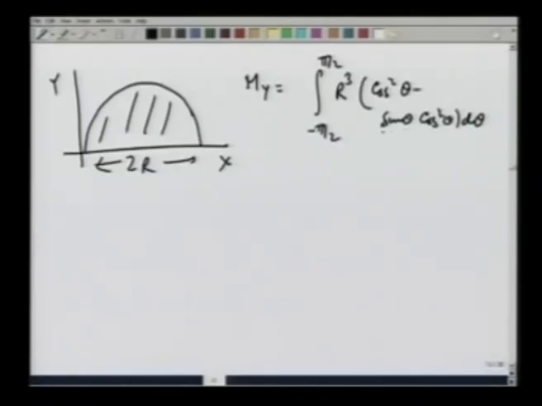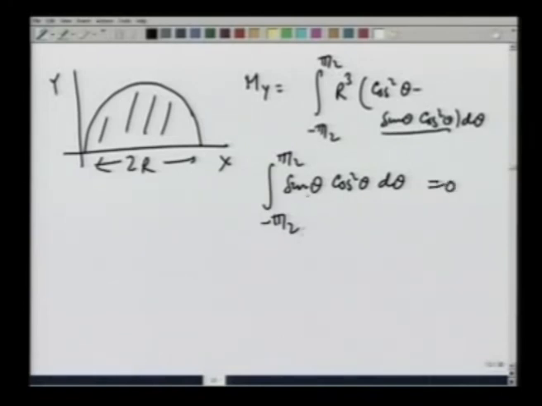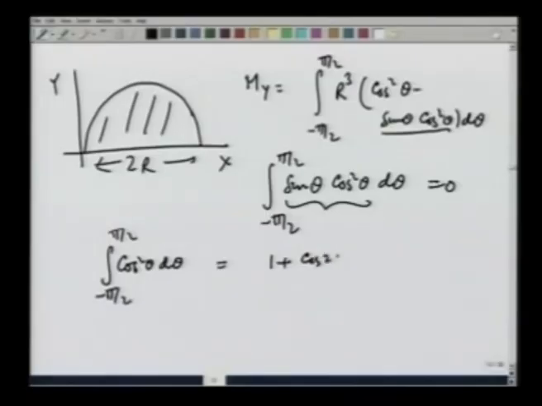Cosine square theta sine theta is an odd function with respect to theta, and therefore this integration of sine theta cosine square theta d theta from minus pi by 2 to pi by 2 is going to be 0, because as you go from theta to minus theta, this integrand changes sign. And integration cosine square theta d theta from minus pi by 2 to pi by 2 comes out to be 1 plus cosine 2 theta over 2 d theta from minus pi by 2 to pi by 2, which is nothing but pi over 2.